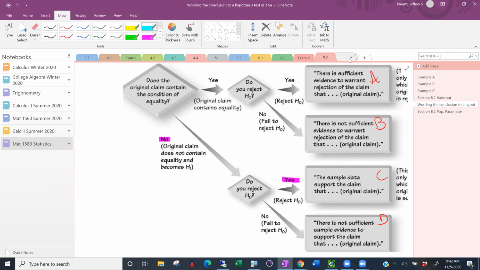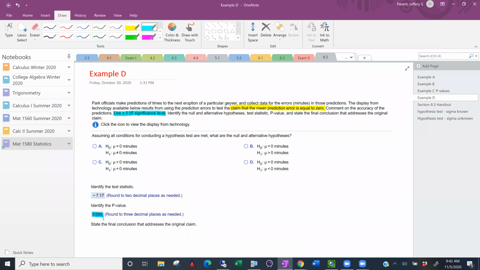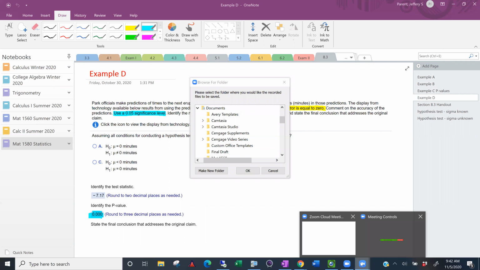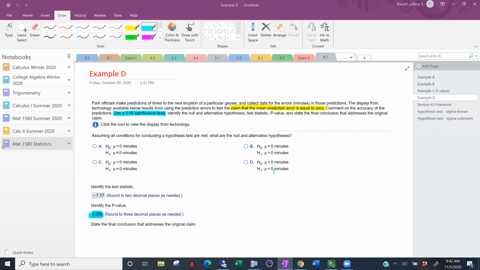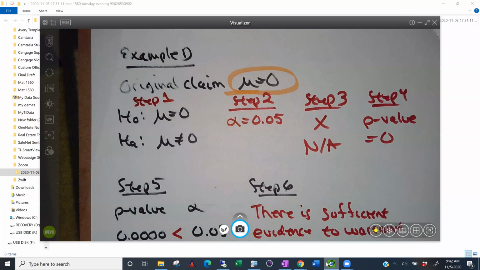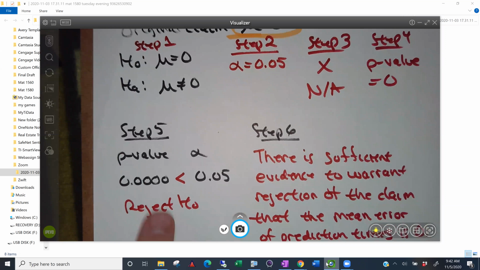Let me get back there. That's right down here in blue. The p-value was 0.00. So they told us the p-value, and that's what I wrote down for step 4. Okay, thank you. Once you have the p-value, you're able to do step 5.